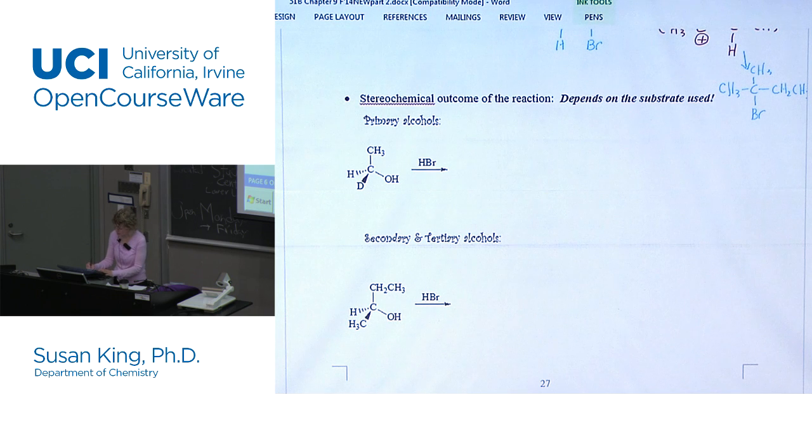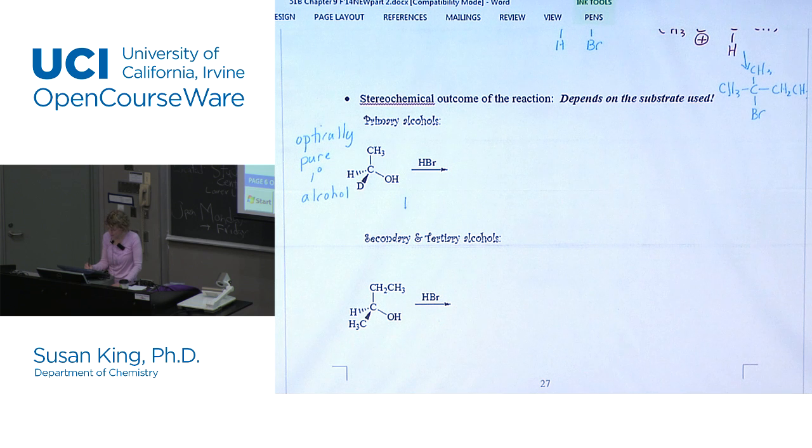So let's say we started off with this optically pure primary alcohol. How do we have an optically pure primary alcohol? We use deuterium for one of the hydrogens to distinguish those two hydrogens from each other.